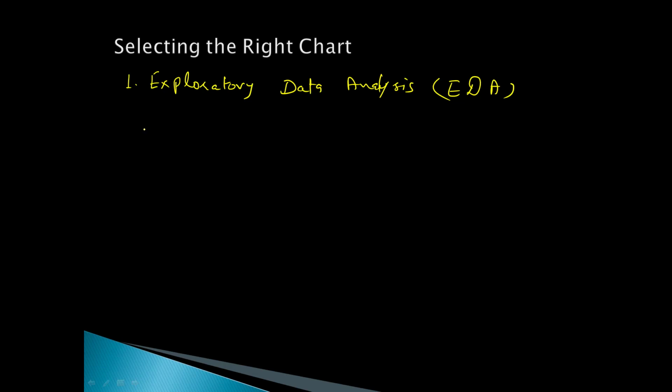It will produce some of the charts for you, but you should have an understanding of how to interpret those charts and in what situations using that chart is appropriate. So in the current video, we are focusing on selecting the right chart for your data, for your objective.